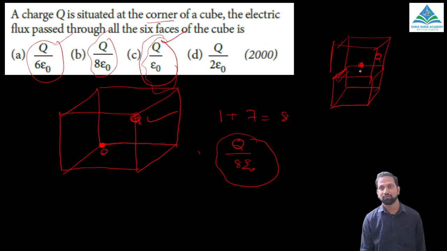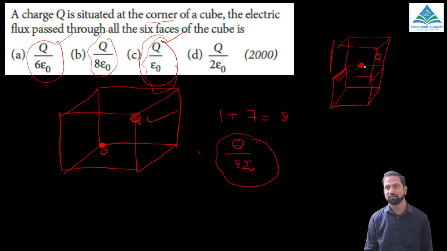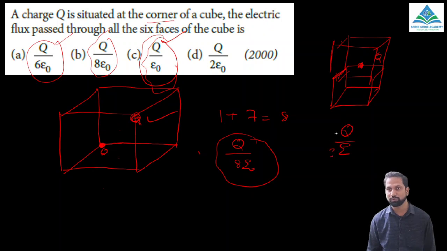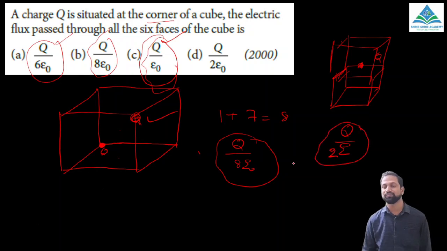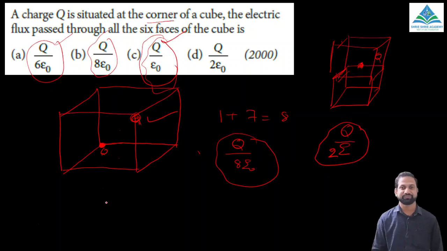Now the two cubes can cover the charge completely. So the total flux Q by epsilon naught is shared by two cubes. So through one cube, the flux is going to be Q by 2 epsilon naught. I hope you got it.